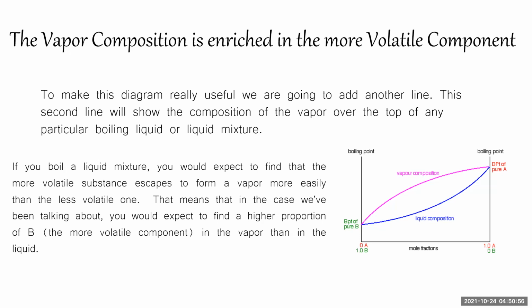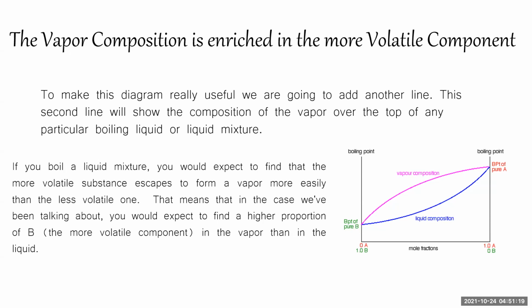But in fact, the vapor composition will be enriched in the lower boiling component, meaning the one that has the lower boiling point. More of those molecules will escape into the gas phase. And so the gas above the liquid will be enriched in the compound with the lower boiling point.